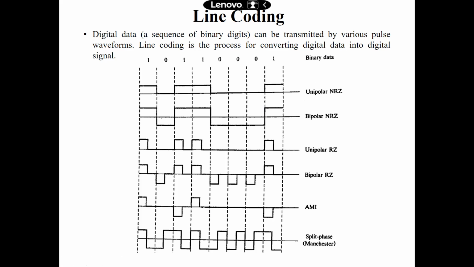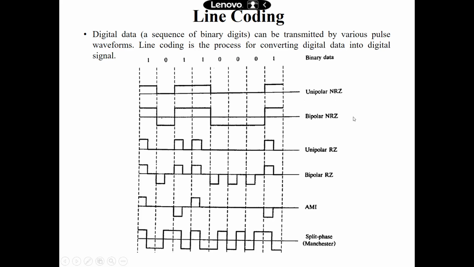So here 1 is represented as high, and so it's unipolar, non-return to 0, unipolar NRZ. So it's 1, then 0, and then 1, 1 is again high, and then 0, and then 1.